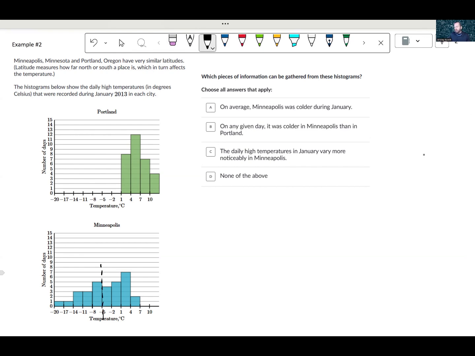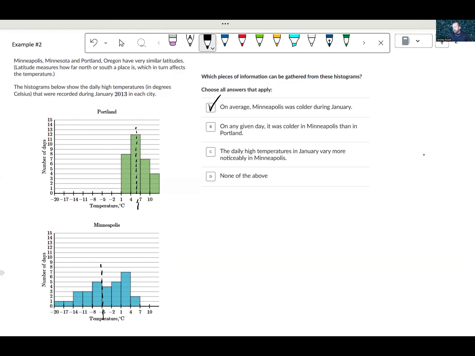And then for Portland, the mean might be about there. And I'm just doing a very rough estimation because it's not asking us for the average. It's just saying in general. And so I'm just doing a quicker estimation. But we can see that Minneapolis is colder during January. So that's true. It's about -5 for Minneapolis, and it's about maybe 5 or 6 for Portland.